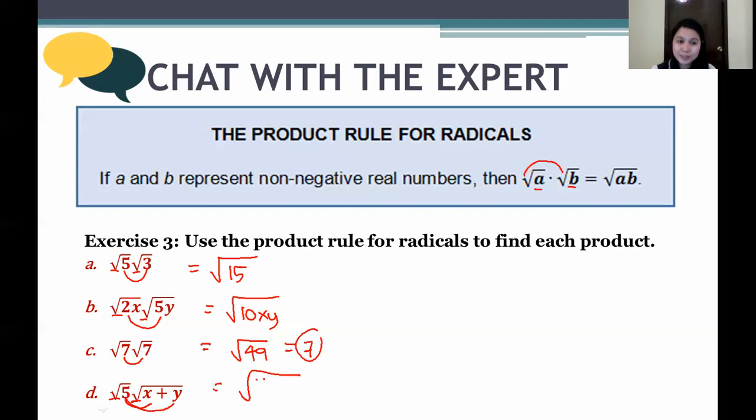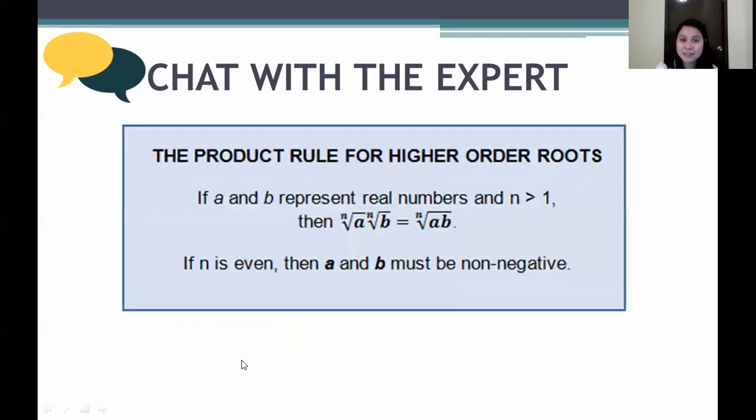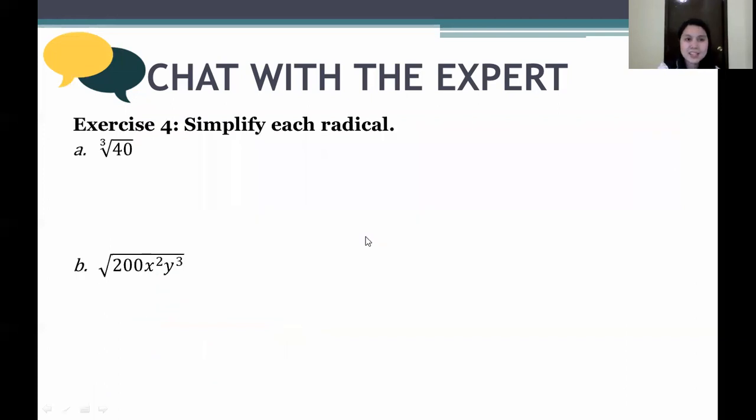That's square root of 5x plus 5y. About the next one. Now, again, as long as they have the same index, you can multiply them. Okay. Try doing this one. Let's simplify each radical. How can we simplify that radical?